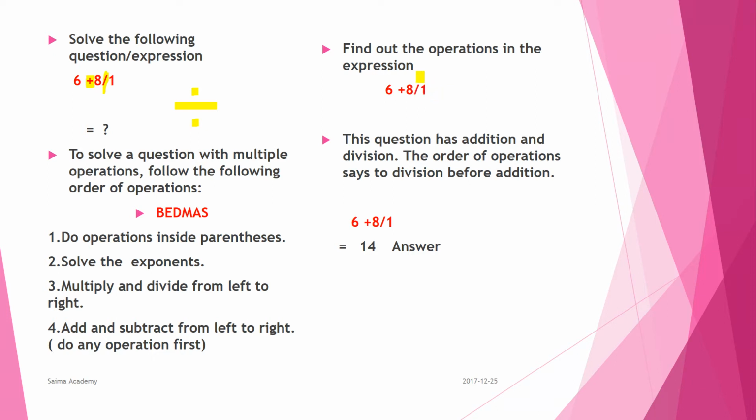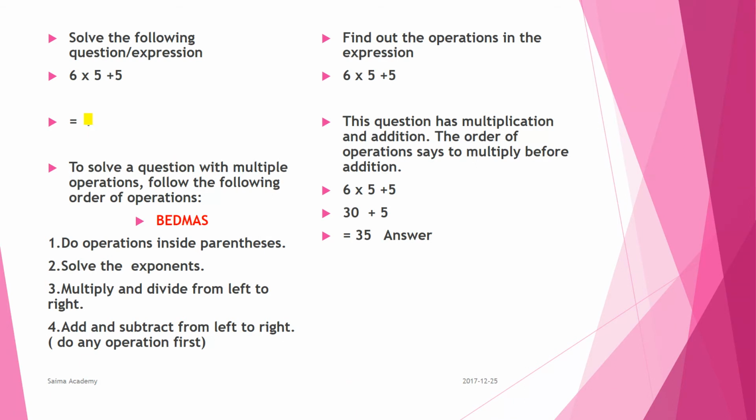It is very easy, because if the denominator is 1, the numerator is always the answer. So 8 divided by 1 is 8. You have to do division first and then addition. So 8 divided by 1 remains 8, and then 8 plus 6 is 14. So 14 is the answer.